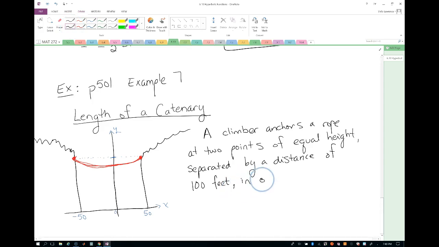He does this in order to perform a Tyrolean traverse.